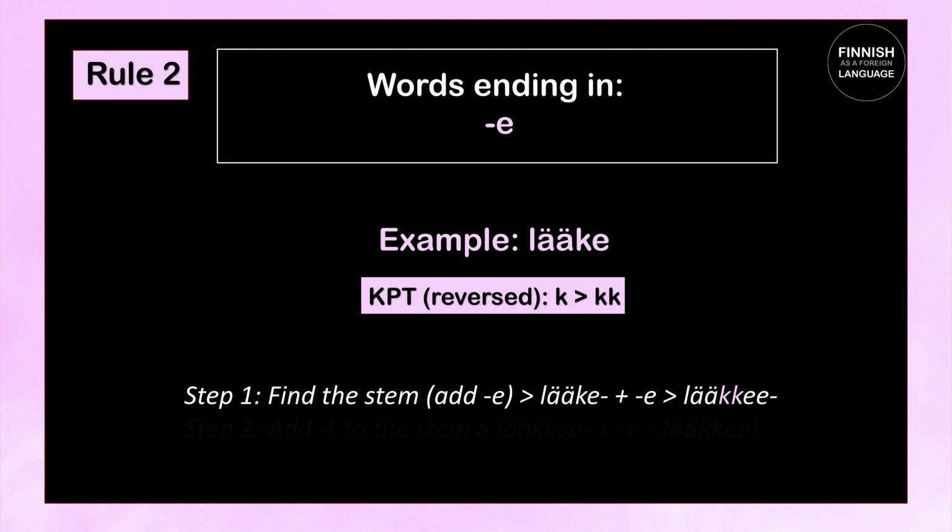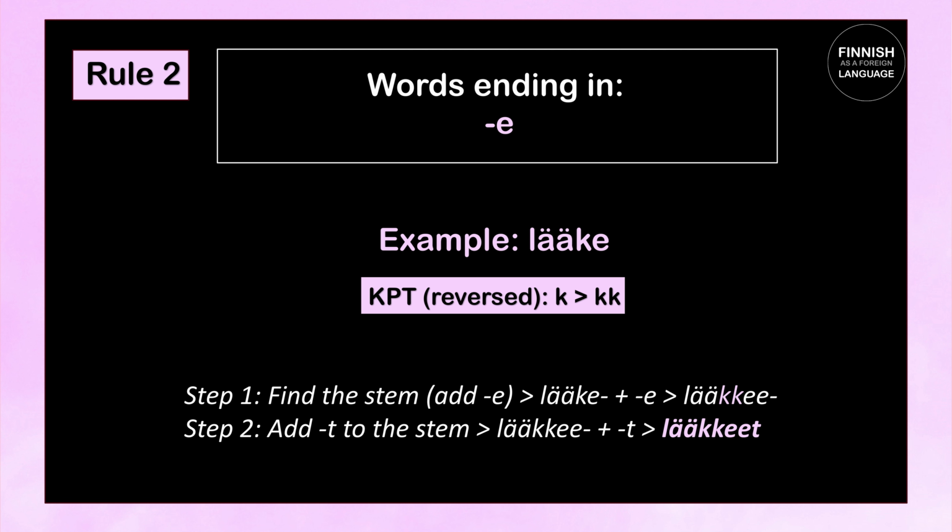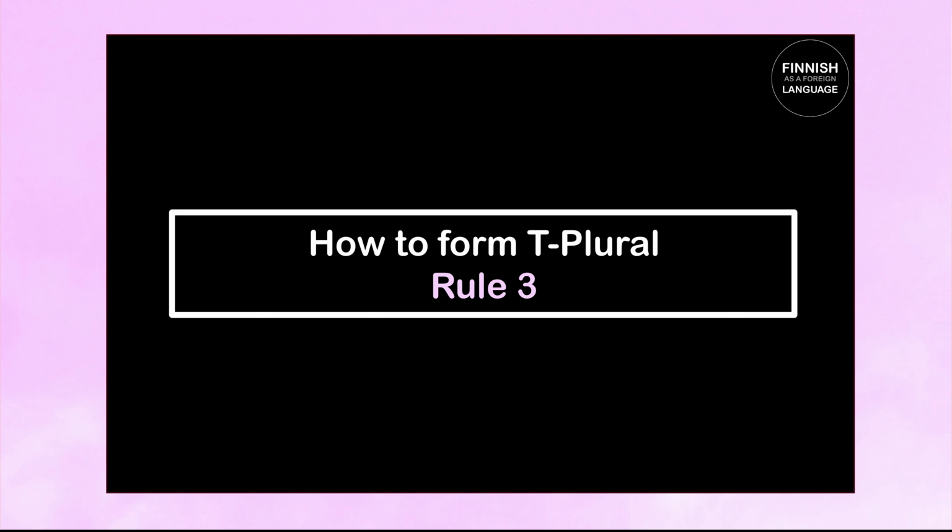Notice here the consonant gradation and the double e at the end. Then in step number 2, we have to add t to the stem. So that means we have lääkee with a double e plus t is lääkeet, meaning the medicines. Nominative plural. We move on to rule number 3.